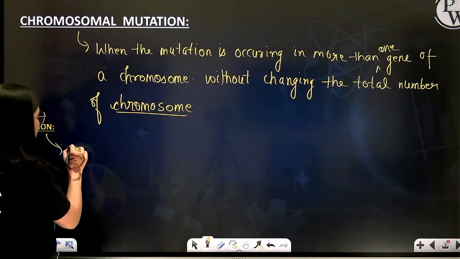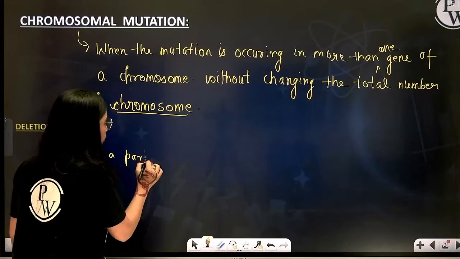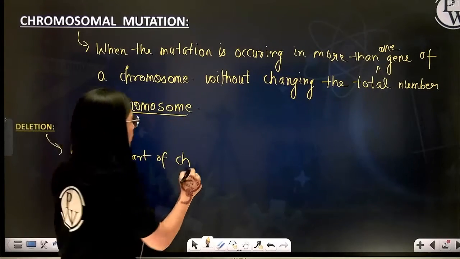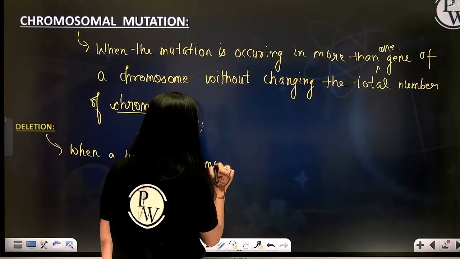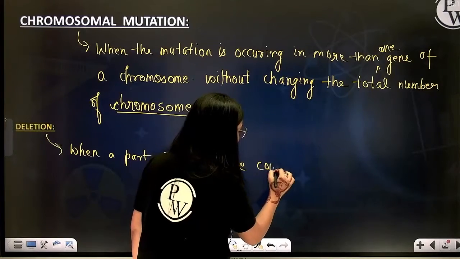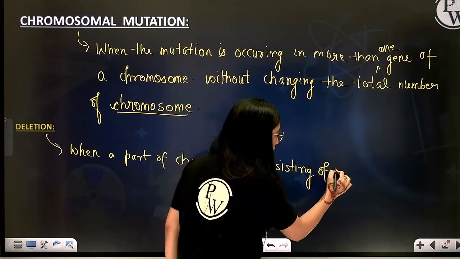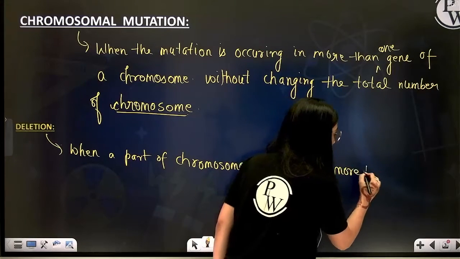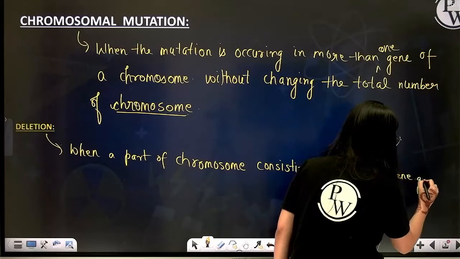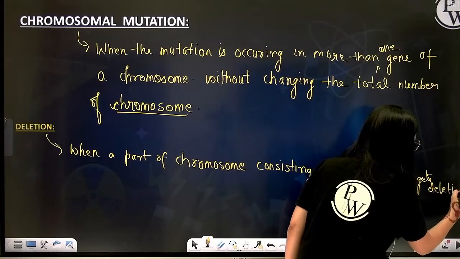Deletion chromosomal mutation means when a part of the chromosome, maybe the upper arm or lower arm, including more than one gene, gets deleted. So this is known as deletion chromosomal mutation.